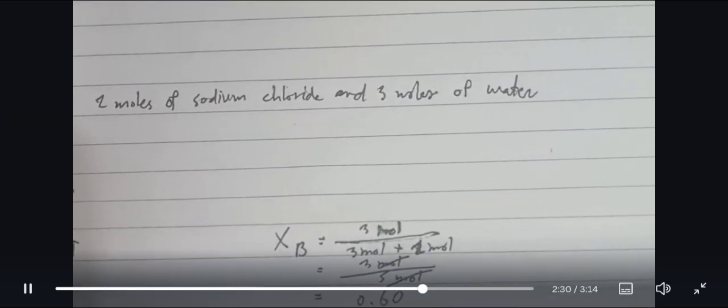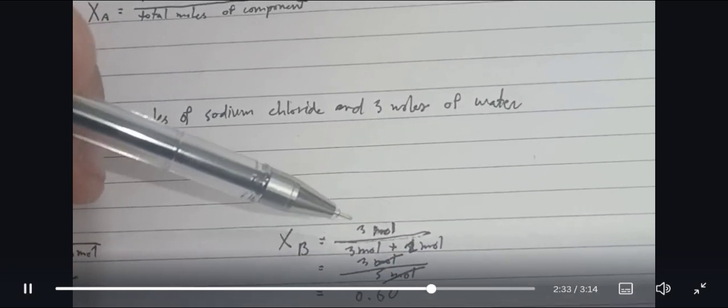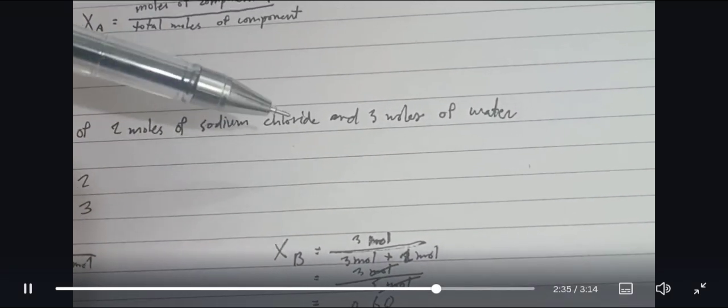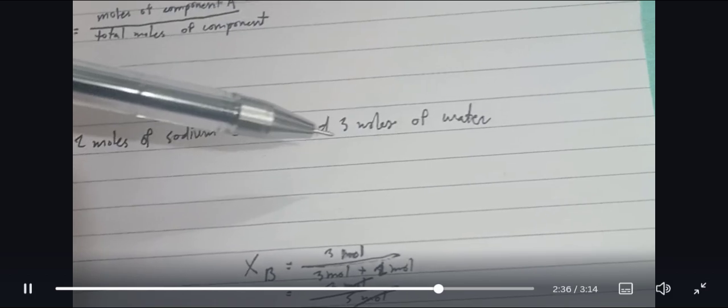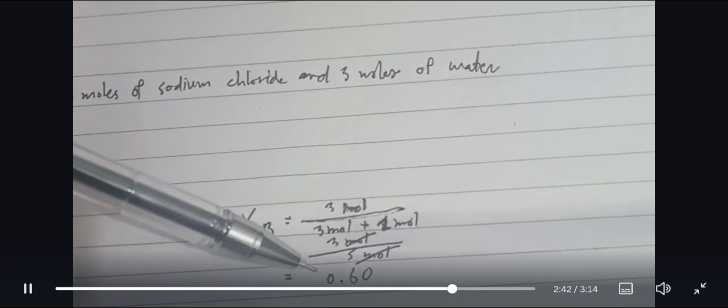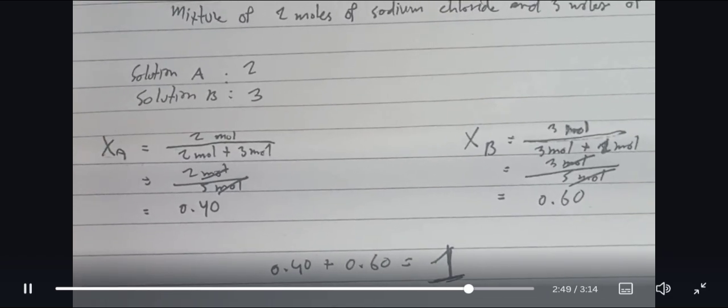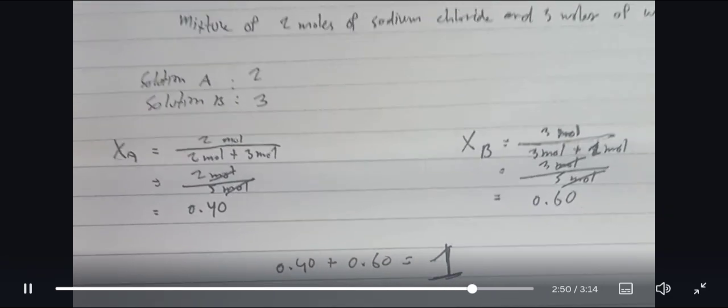We do the same thing as in solution A. We divide 3, which is from water, by 5, which turns it to 0.60, in which it brings us to this: 0.40 plus 0.60 is equal to 1.